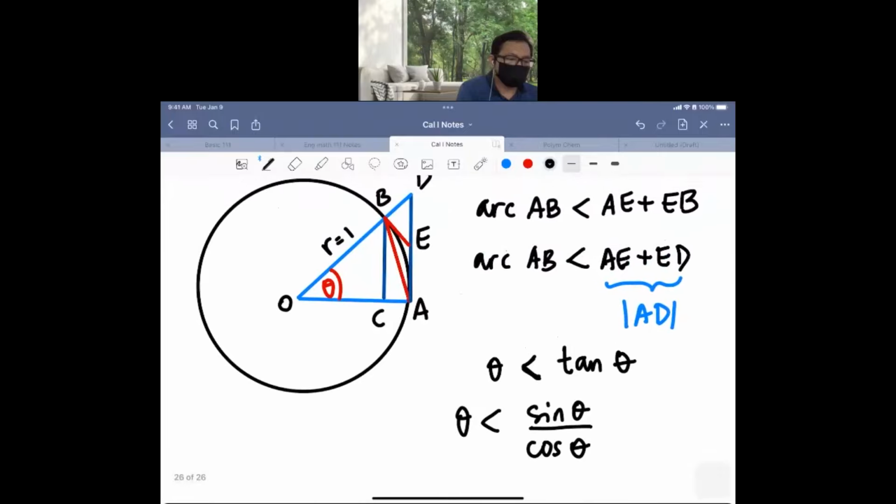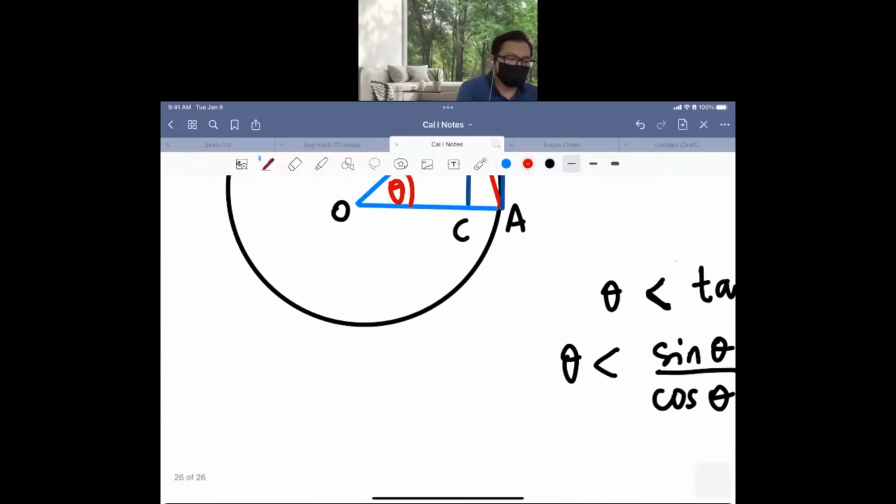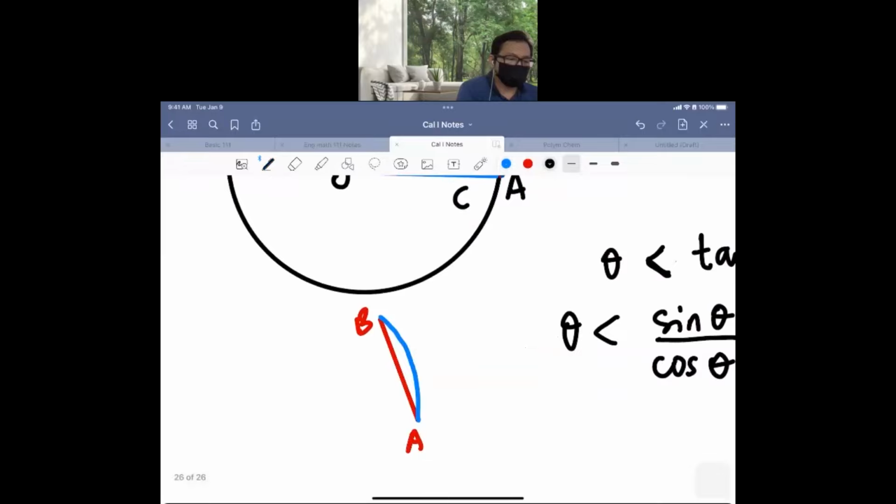Okay, and then we include our AB. So let's say AB, and we have the arc. Of course, AB is less than the arc.